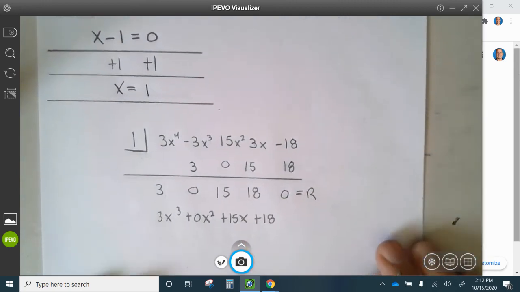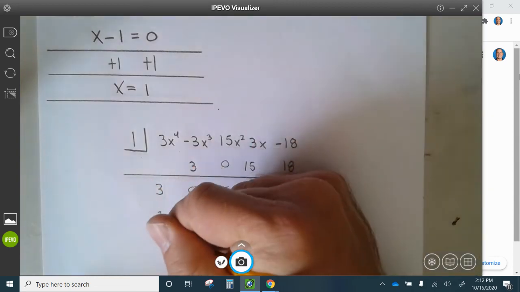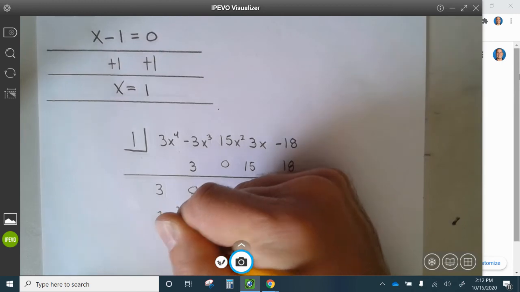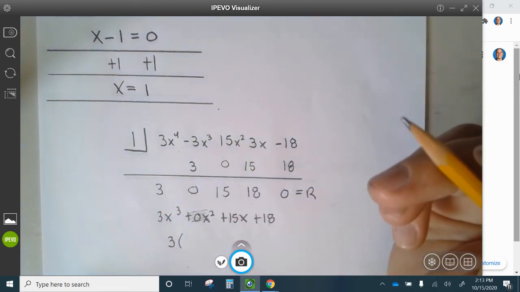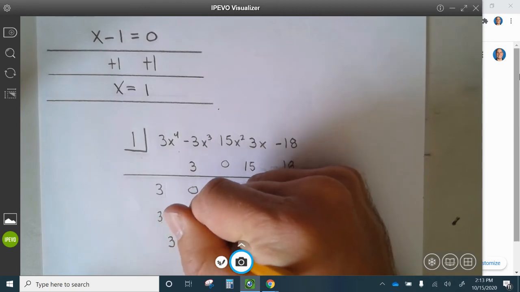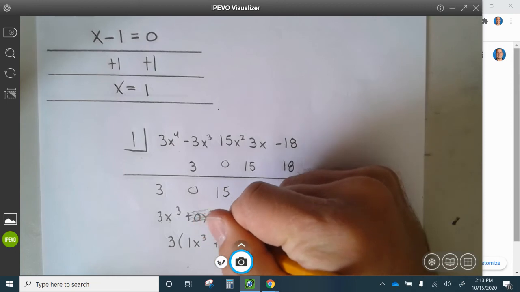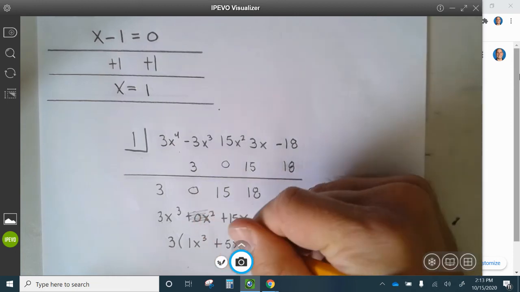Now the only thing you can do with this one is, first of all, this is 0, so you can ignore this. All we can do is factor a 3 out of each term. So that leaves 3 times 1x cubed plus 5x plus 6.